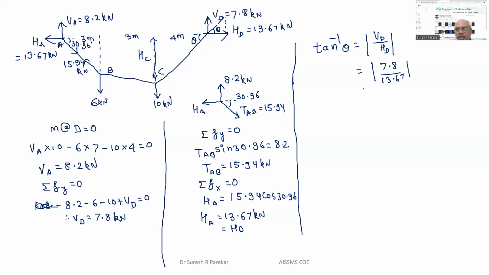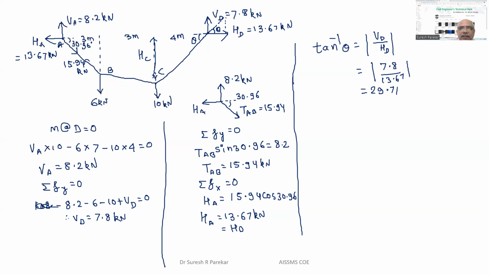From this I will get the angle, shift tan inverse 7.8 divided by 13.67, which is 29.71. We have the resultant, that is VD square plus HD square.